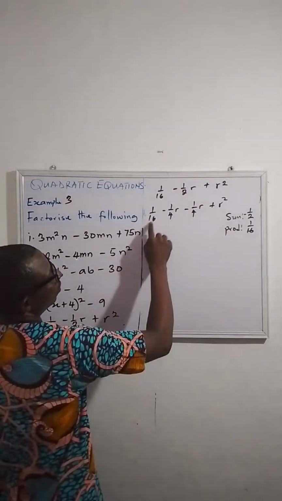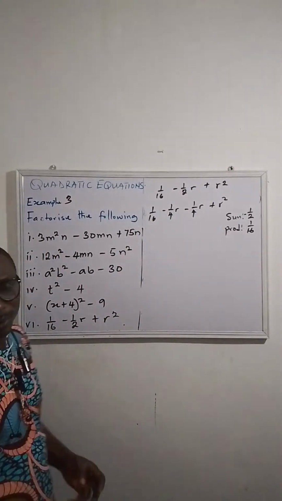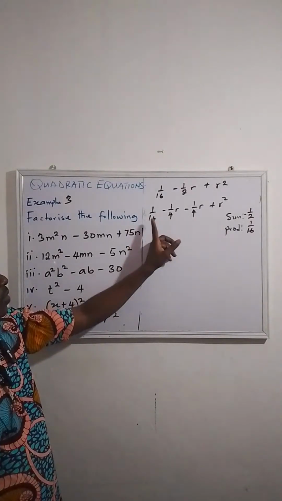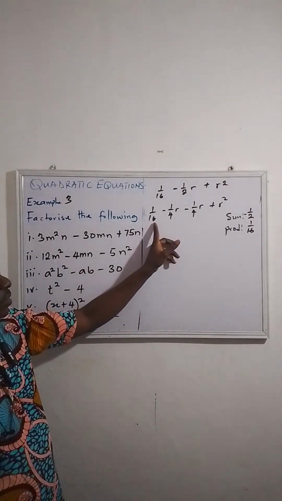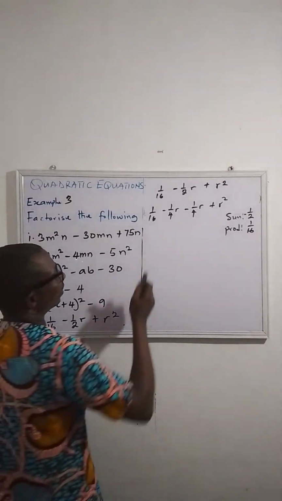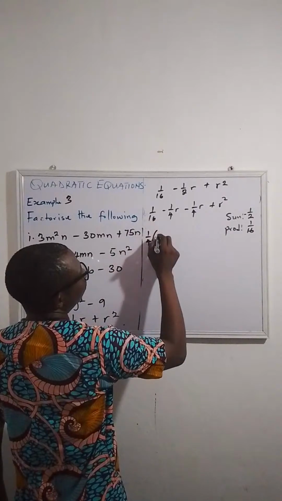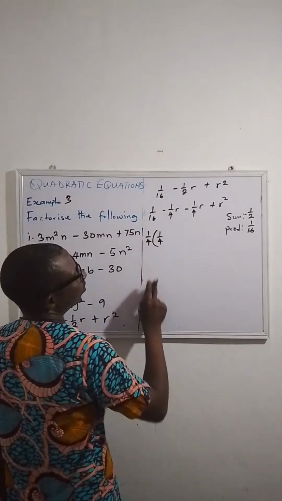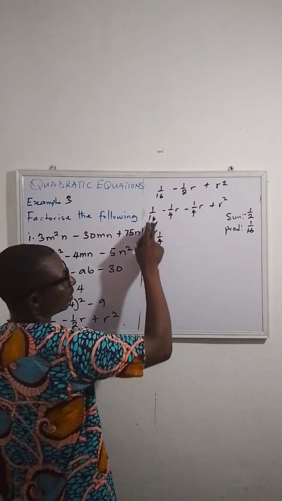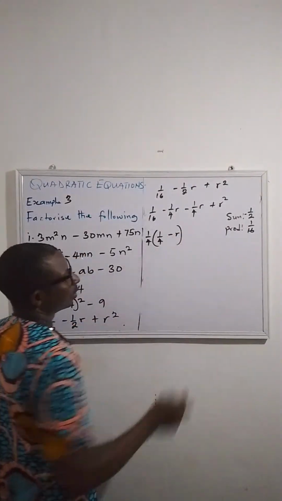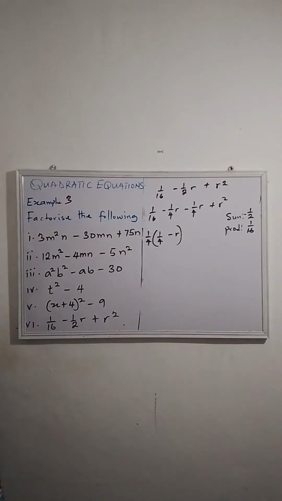Now you factor out what is common. The common factor is 1 over 4. 1 over 4 can go here, 1 over 4 can go here. That's going to be the GCD. So let me factor that out. I have 1 over 4, and this is going to give us 1 over 4, because 1 over 4 times 1 over 4 is 1 over 16. So that's minus r. I hope you get that.